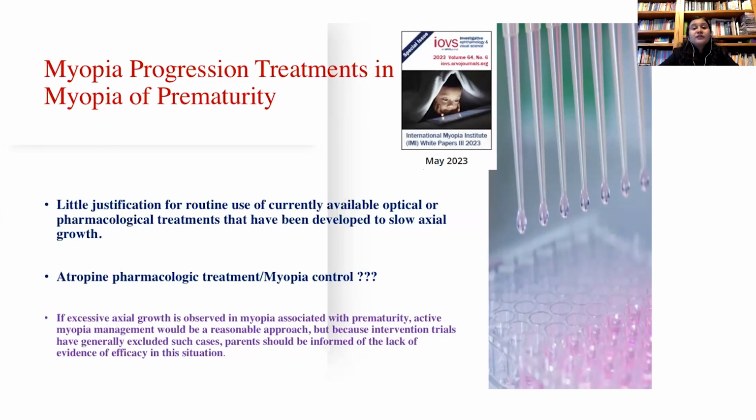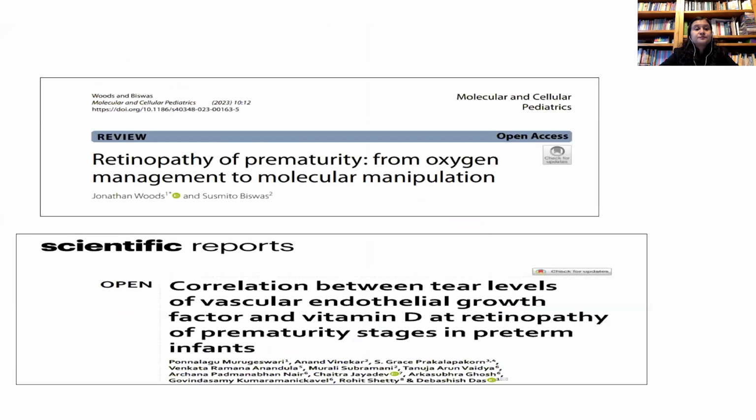But all the major interventional trials, like ATOM 1, 2 and other trials which have used myopia control glasses, have excluded the ROP group. So parents should be informed of the lack of evidence of efficacy in this situation.